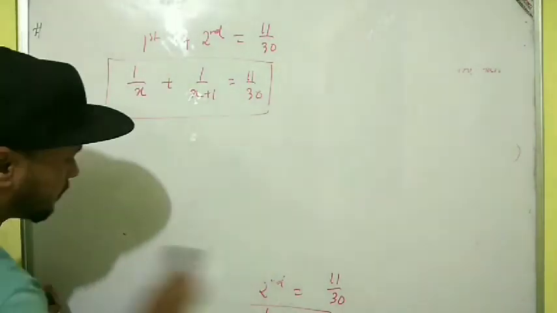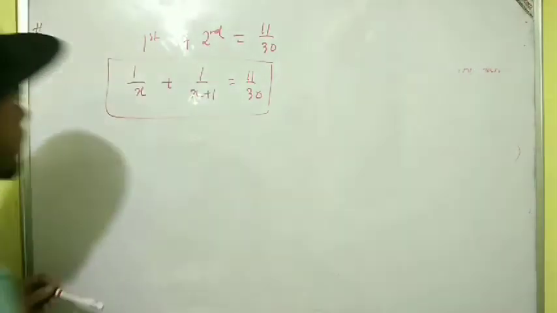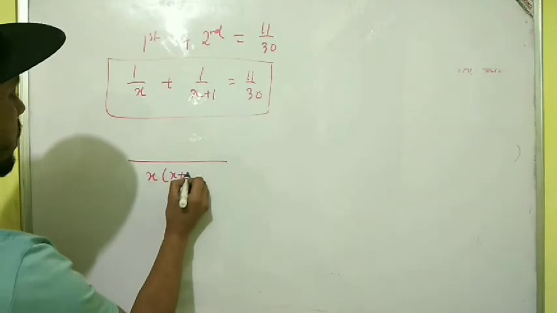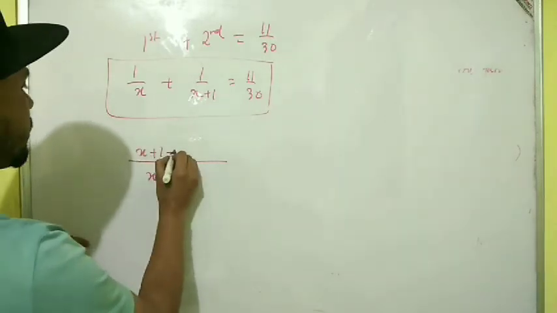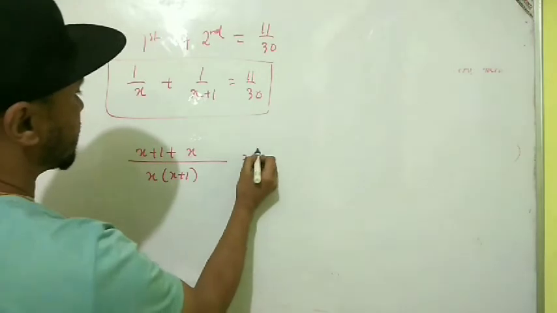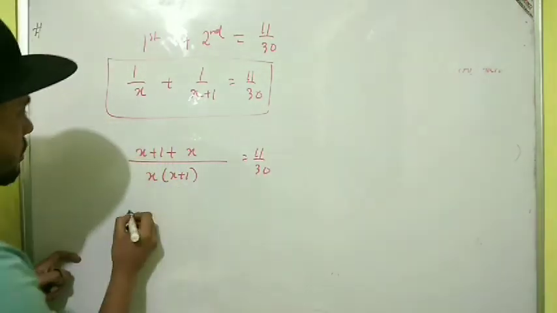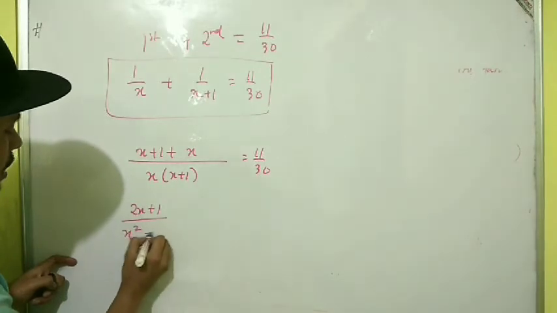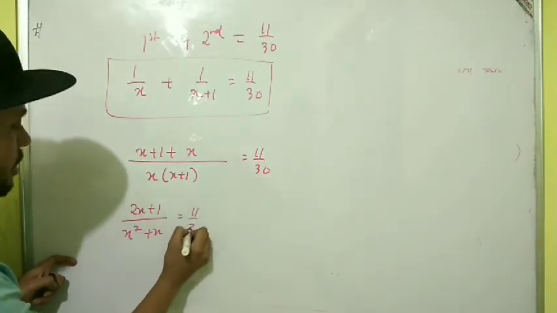If you take the LCM, it is x into x plus 1. So this is x plus 1 plus x, equal to 11 by 30. So this is 2x plus 1 divided by x square plus x, equal to 11 by 30.